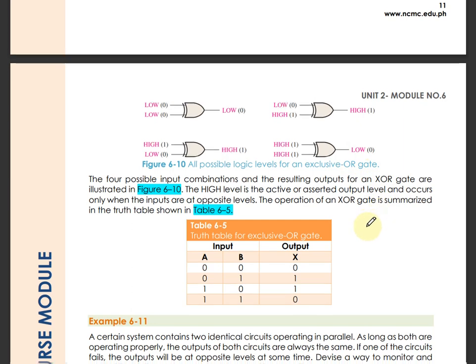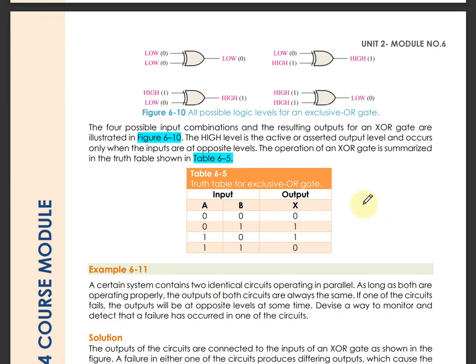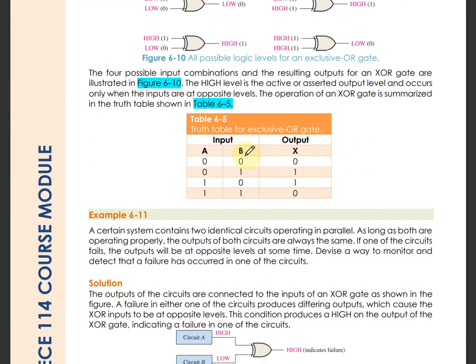So this is the truth table for your exclusive OR gate. So these are the four combinations, no? So again, if opposite ang ilang input, then that is the time nga imong output kay high. Okay? So kanilang man nga combination, ang opposite ang atong input, then that is only the time nga high siya.